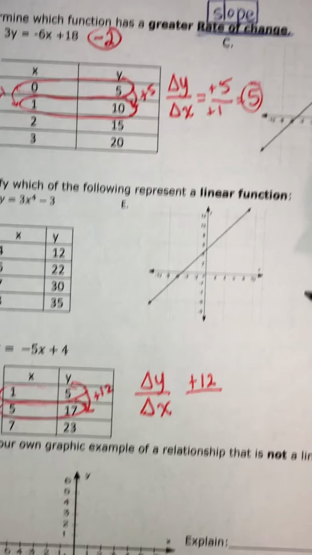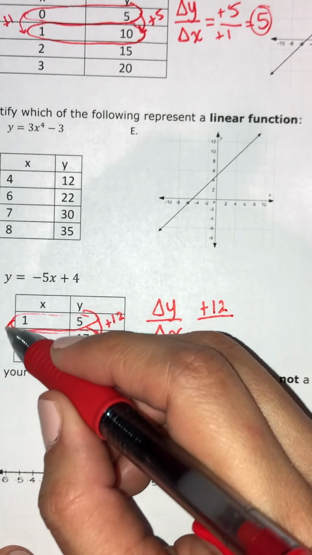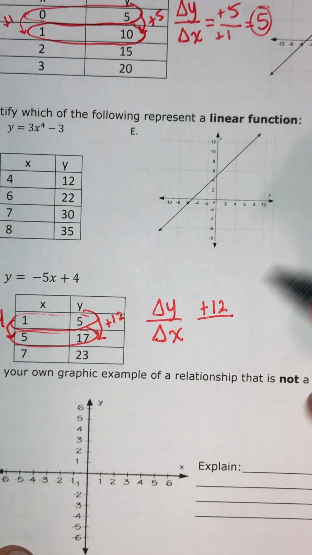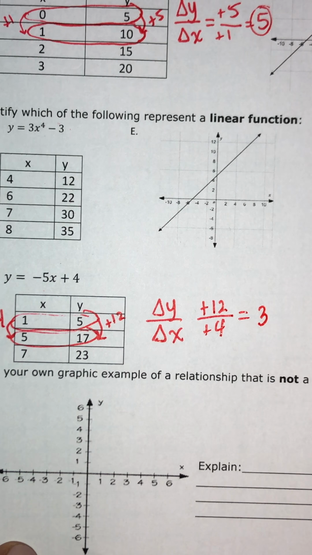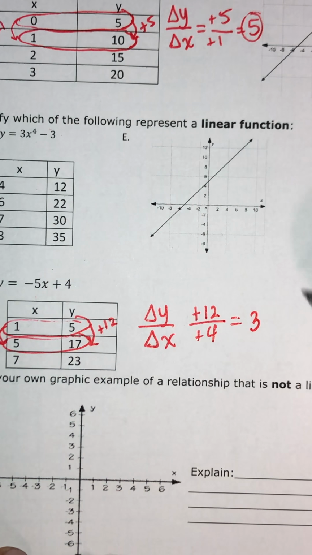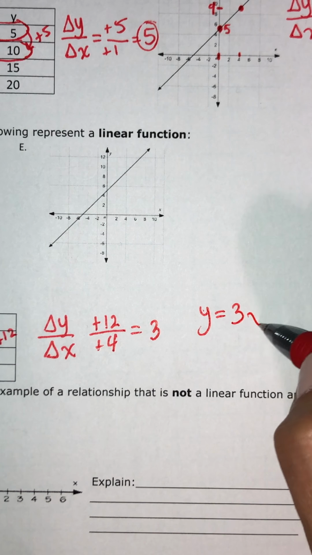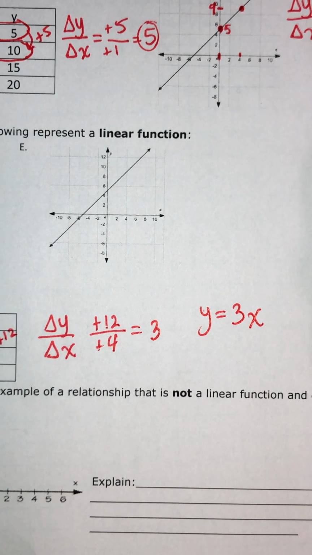And my change in x from 1 to 5 is a plus 4, which means our slope is 3. So the equation for this one would be y equals 3x, and then I need my y-intercept.